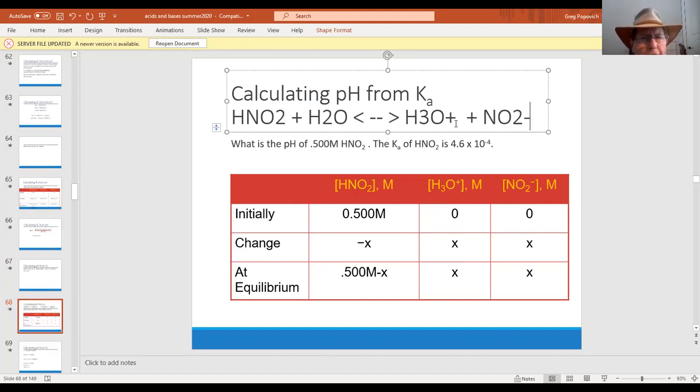Do I know what the concentration of my H3O or NO2 at equilibrium are? Natalia, do I know what those concentrations are?